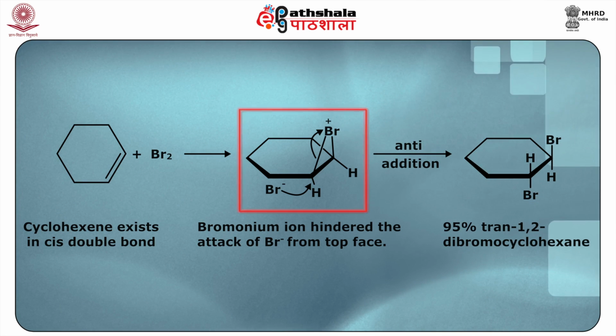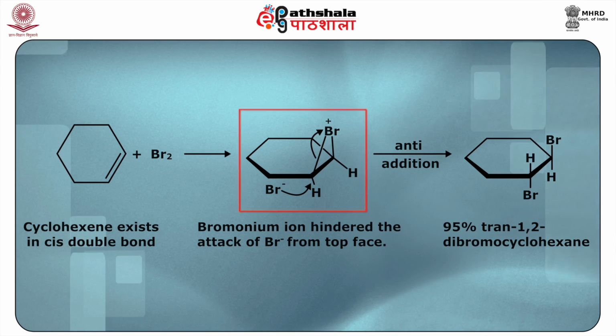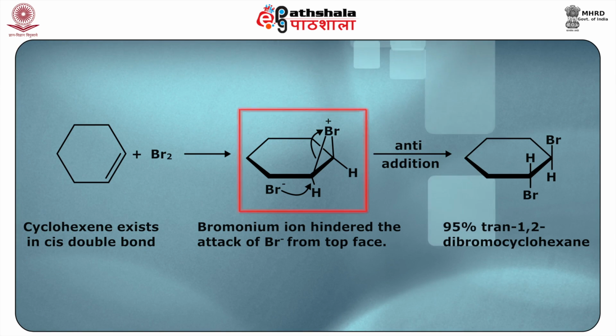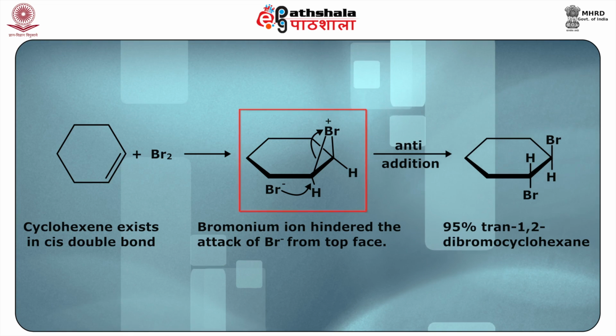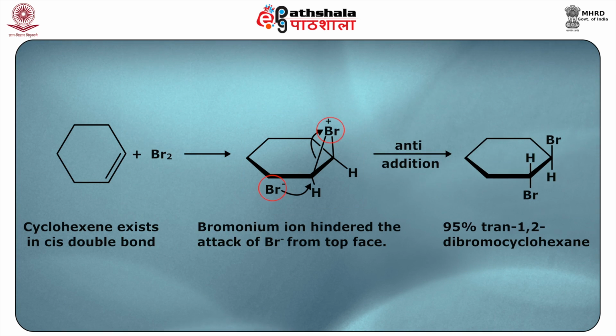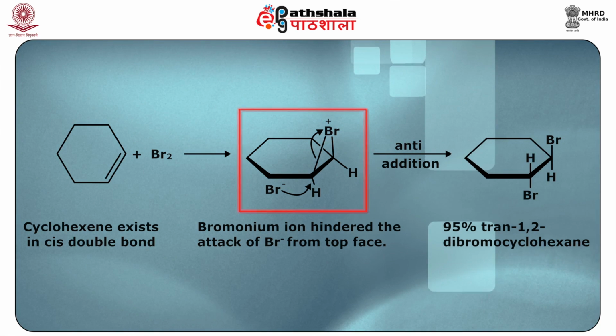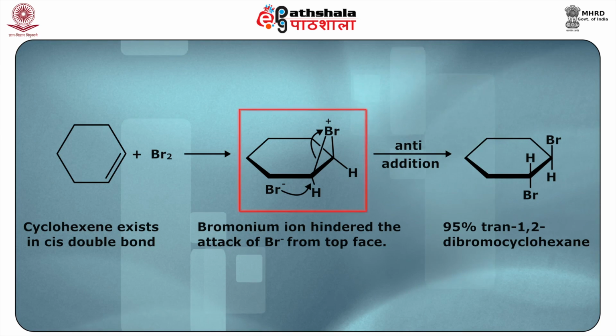Addition of bromine to a double bond is an anti-addition. That means it is happening from completely diagonally opposite sides. The two bromine atoms are adding from diagonally opposite sides of the double bond, and it proceeds via the formation of a bromonium ion.